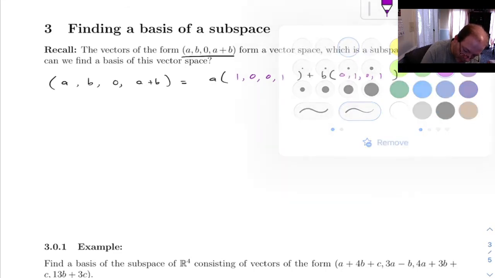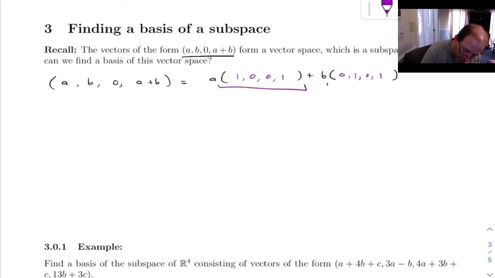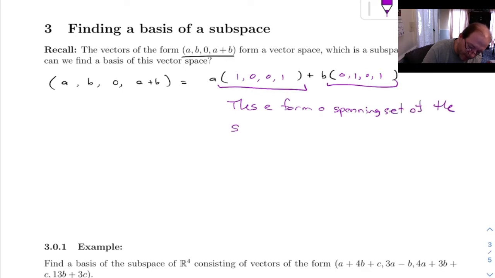And these two vectors here form a spanning set of the subspace of vectors with this form.